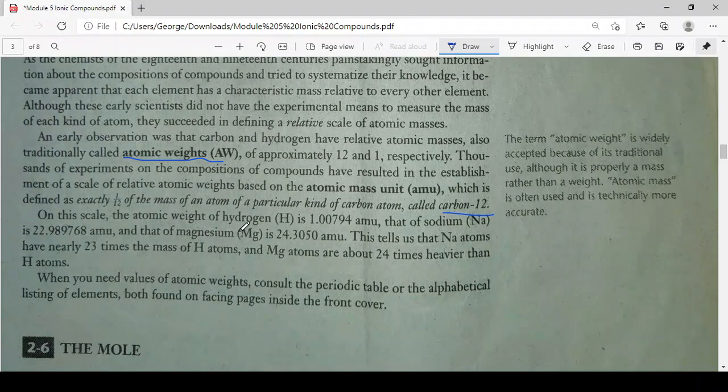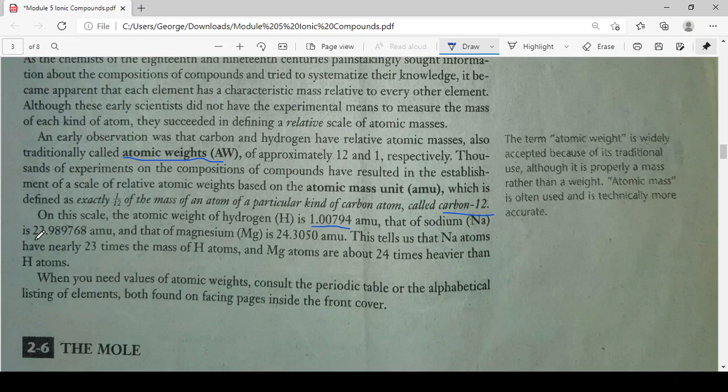So, on this scale of atomic weight, ang aton nga hydrogen, kids, if you base it on our AMU, has an atomic mass of 1.007994. And that of sodium is 22.989768 amu. And that of magnesium is 24.3050 atomic mass units.